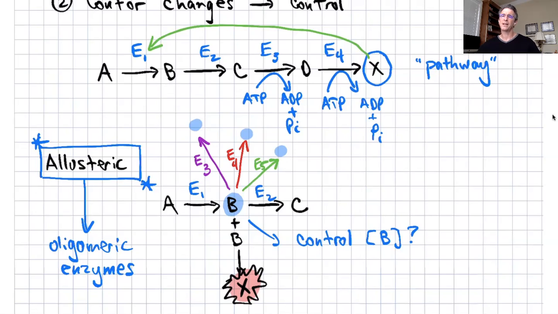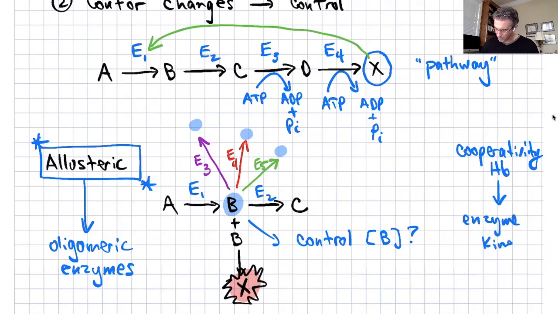Because what we're basically going to see, when we look at some detailed examples of these, and I'm going to give you a big picture today, is that we're going to take the ideas that we worked out in terms of cooperativity with hemoglobin and layer those onto enzyme kinetics. And when you do that, you manage to build enzymes that allow you to solve problems like these and a whole host more.